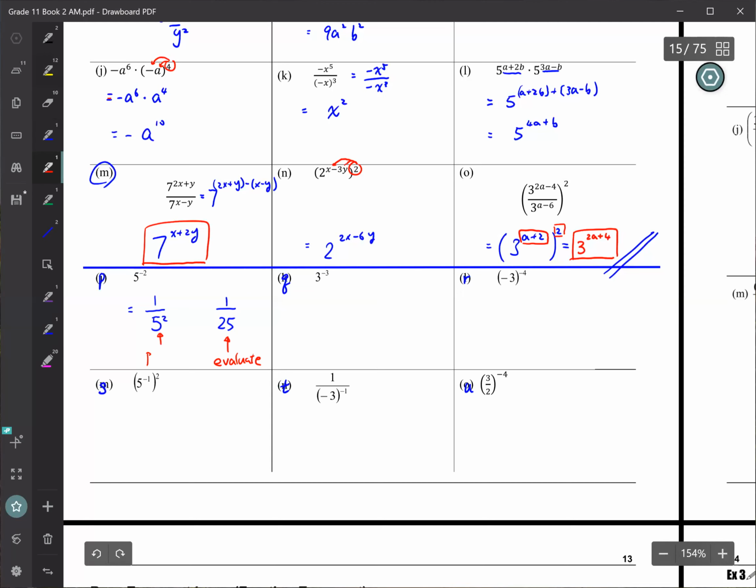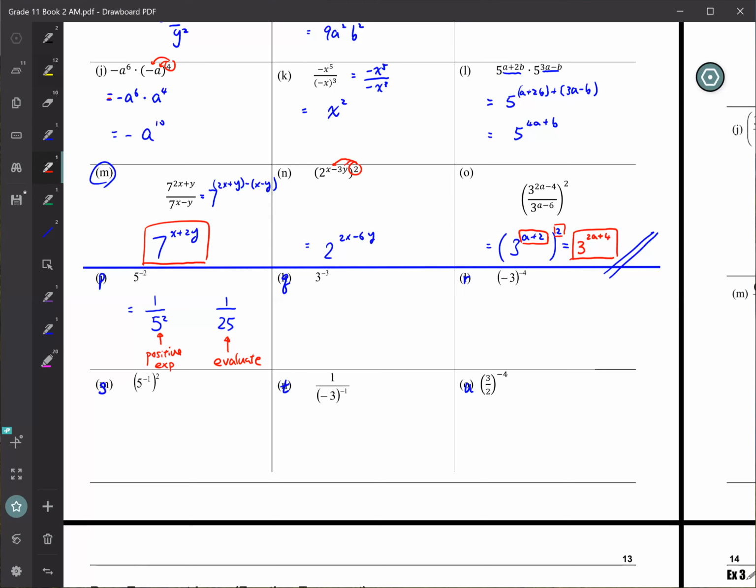This is positive exponent. If they say please leave your answer in positive exponent, then you stop there. But if they don't say positive exponent, if they only say simplify, then you have to do one more.